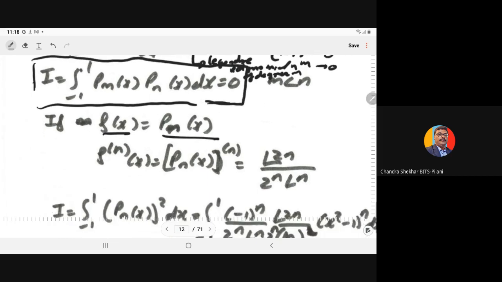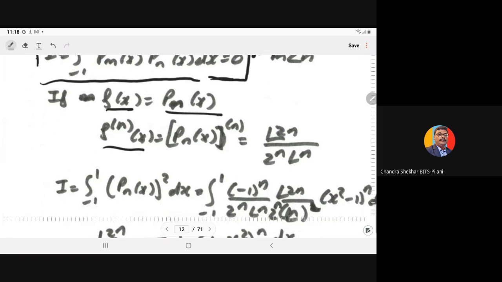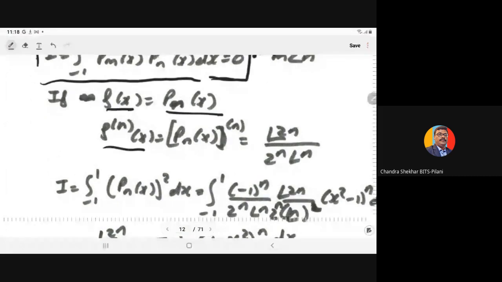So the nth derivative of Pn(x) will be the factorial 2n upon 2 to power n factorial n whole square. So that whole square will cancel this.